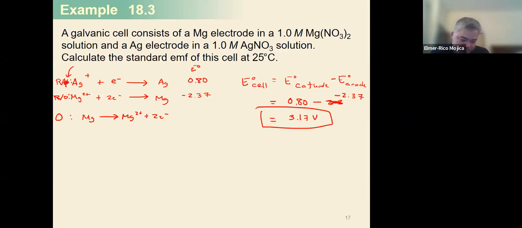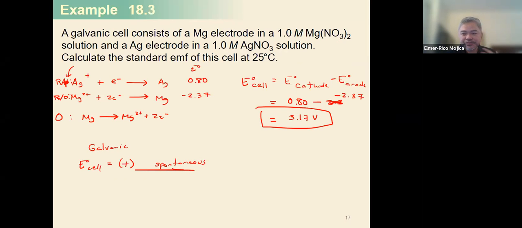So we discussed that if we have a galvanic cell, what is the cell potential value? It's usually what? Positive. And we say that it is spontaneous. It will happen on its own.